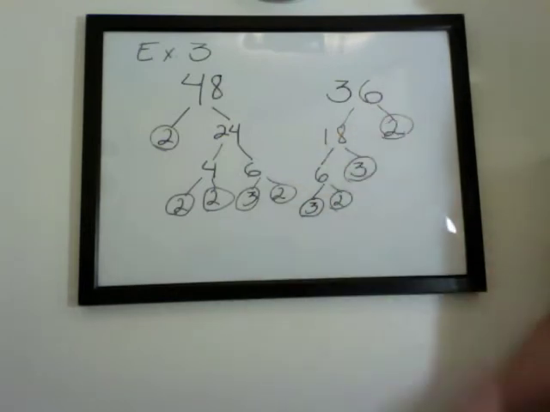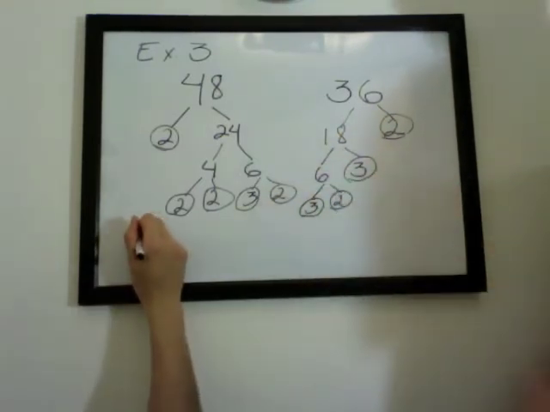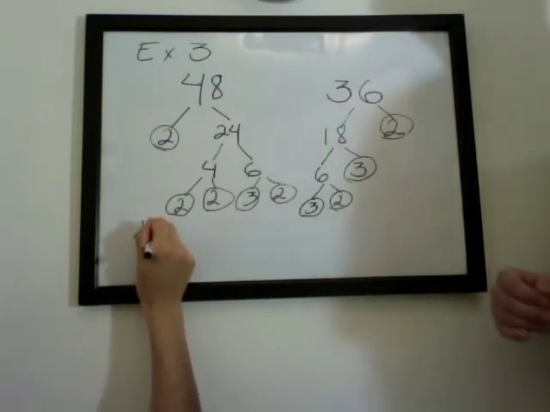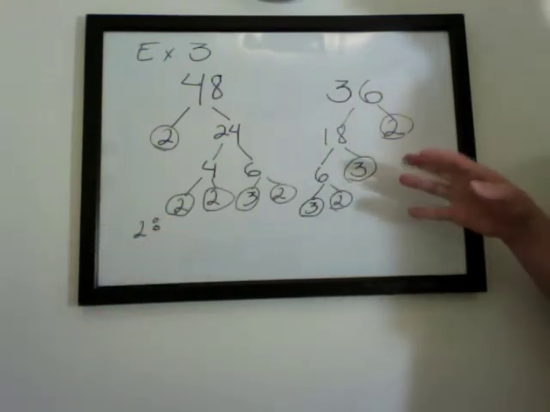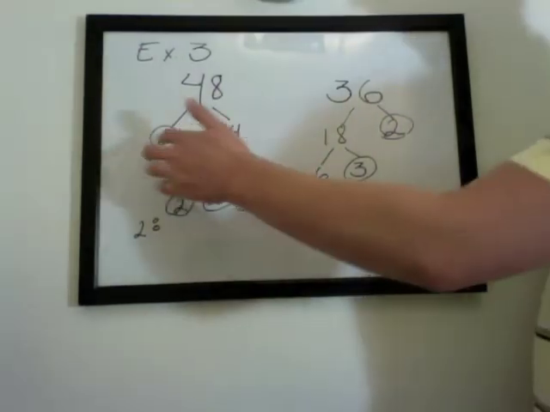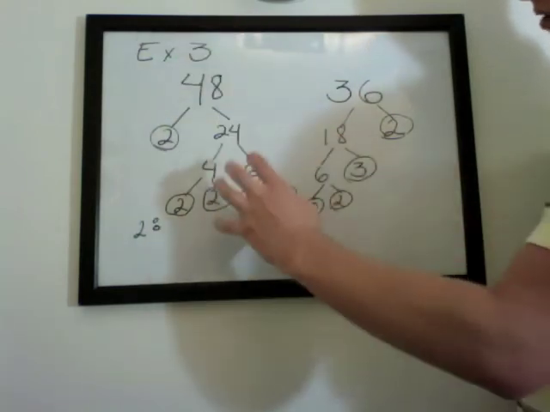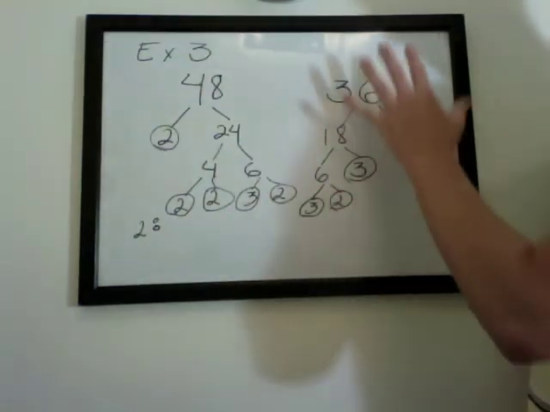Okay, now we're going to look at both trees. Let's start with 2, because that's the lowest prime number that we have. And we're going to look at both trees and see which one has more of that prime. Now, let's count here. 1 here, 2, 3, 4. 4 in this tree. 1, 2. There's only 2 in here.